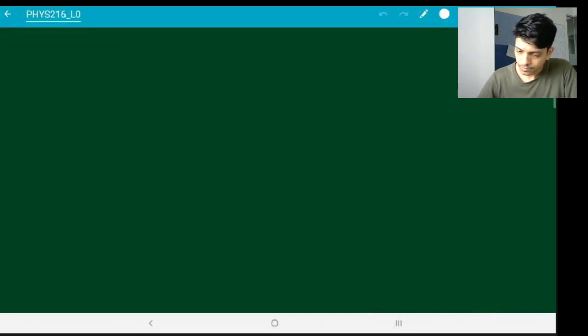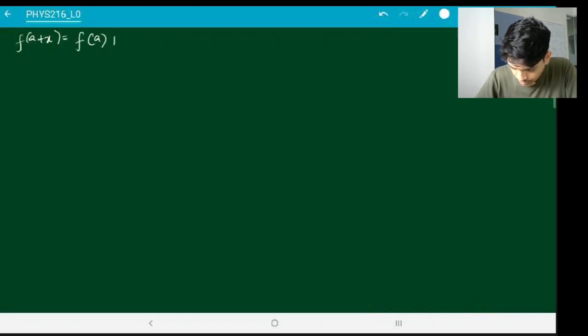So we can do this kind of thing for a bunch of functions. For example, we had the formula f of a plus delta a is f of a plus delta a times df by dx.